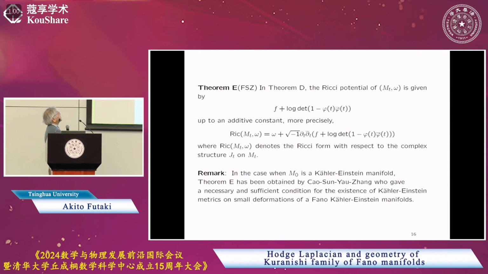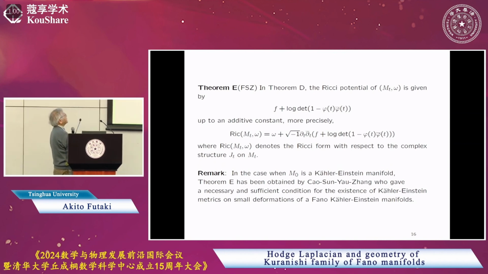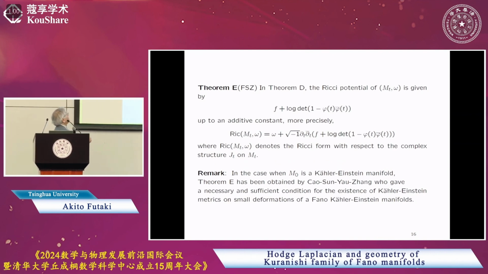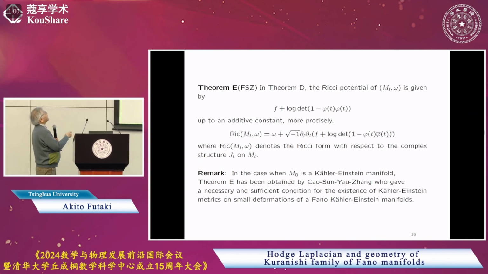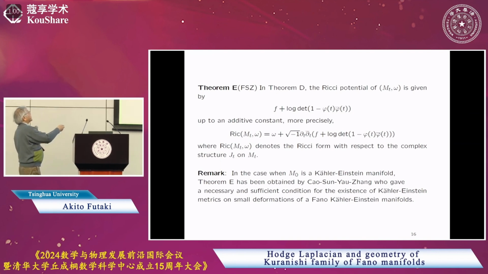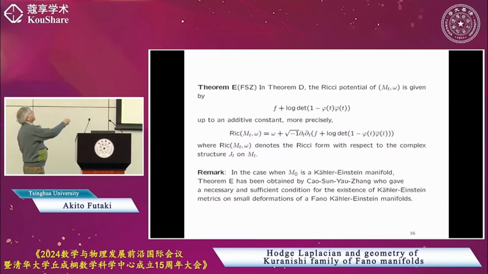And so in this case, this is essentially proved in Ian Zhang's thesis, just modified when Ricci is not Einstein. So for a general Fano manifold, we have Ricci potential F. So combining this F, this can be written in this way.